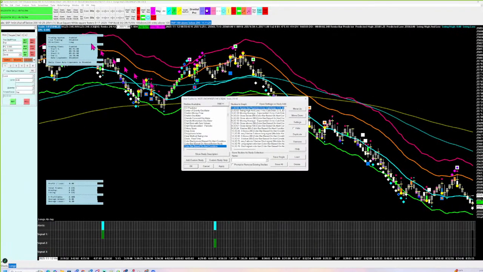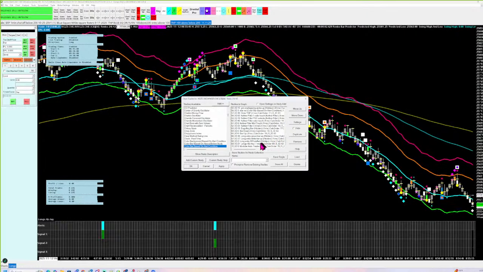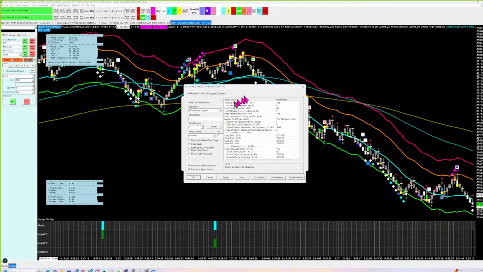Analysis, studies, modular auto trader, settings, time.